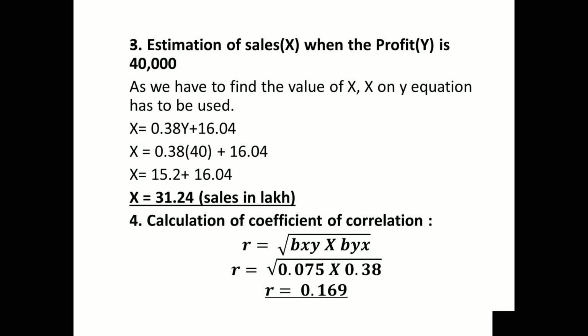So the x equation is x is equal to 0.38y plus 16.04. Therefore, the value will be x is equal to 31.24. The amount is in lakhs here. So this is the estimation of sales when the profit is 40,000.